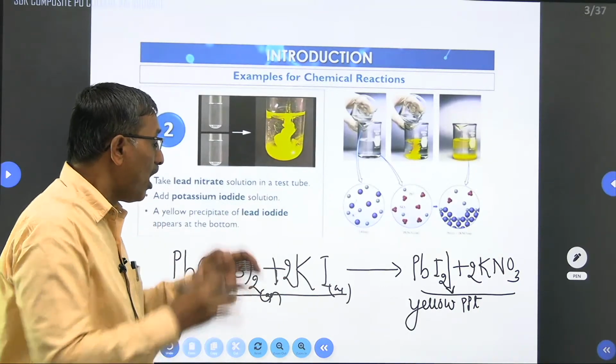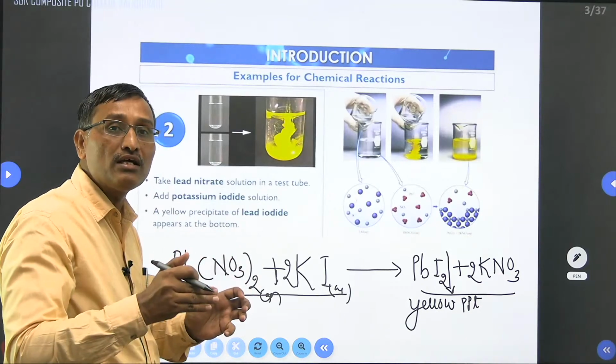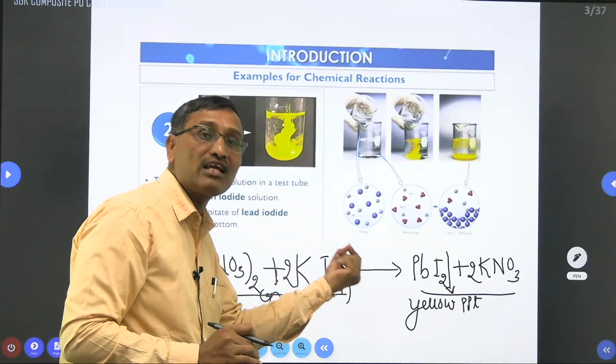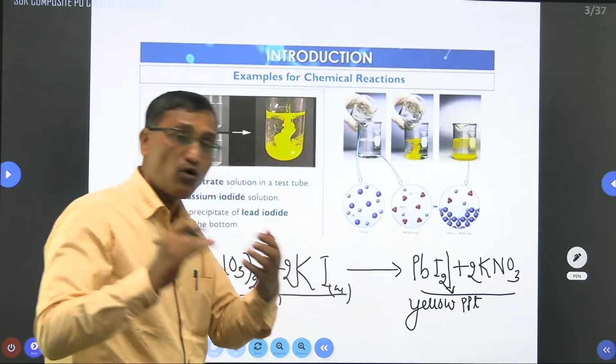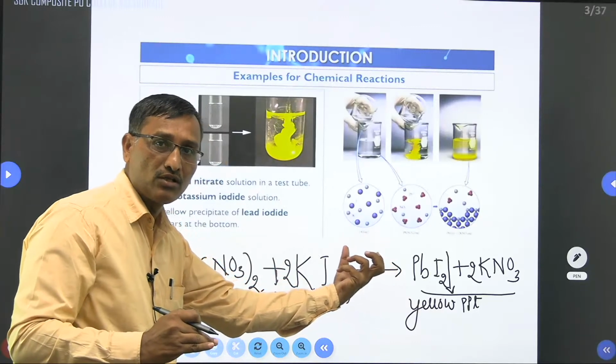But anyway, see here student, how to recognize the chemical reaction. There is a change in the color. Because of that reason, there is a chemical reaction.